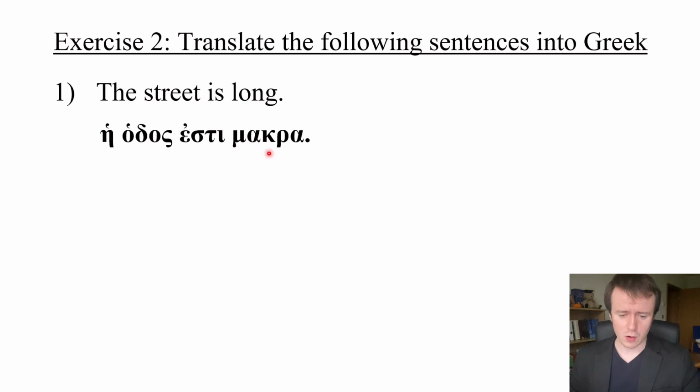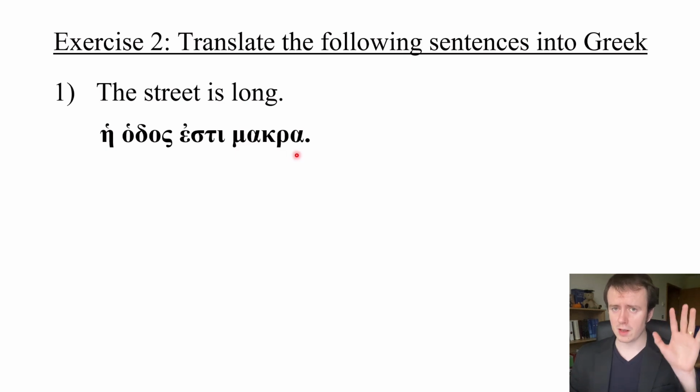And to say long, we know the adjective long is makros, but here we need it in the feminine nominative singular to agree with hodos, which is feminine nominative singular. And so we would say makra. In case you're wondering why it's not makre, that's because 1-2 adjectives with stems ending in epsilon, iota, or rho use a long alpha in the place of eta.